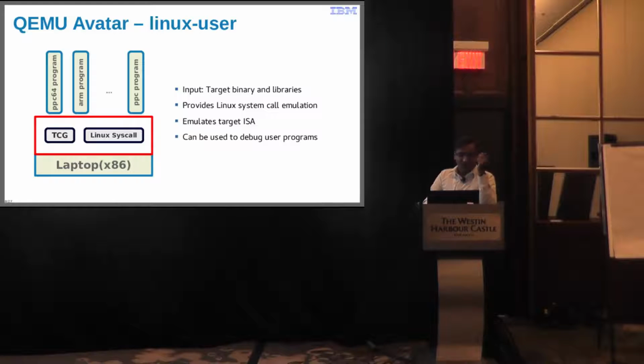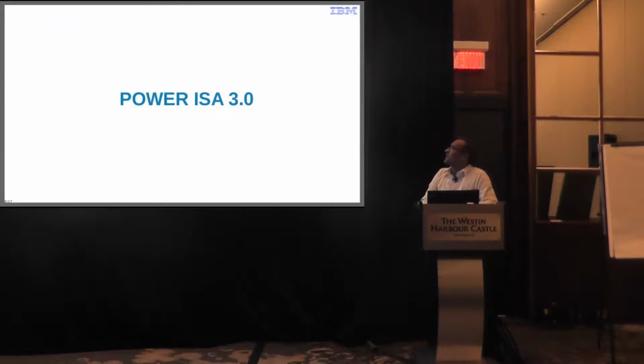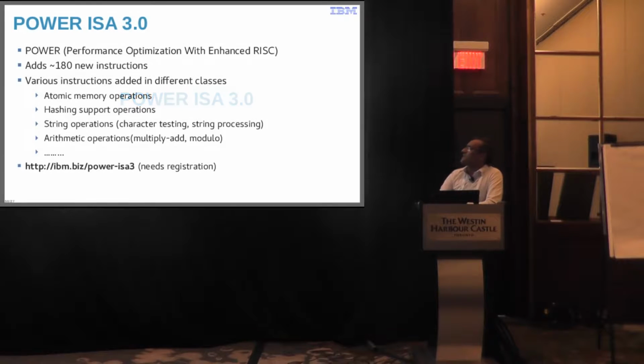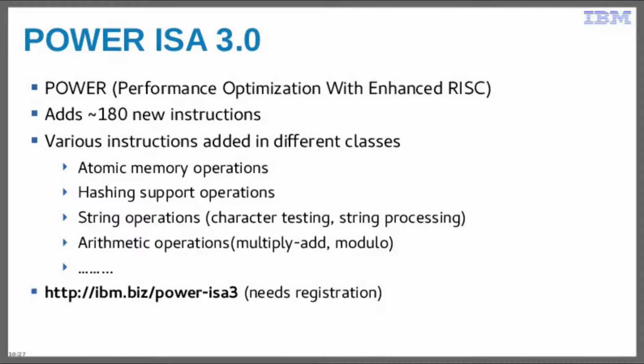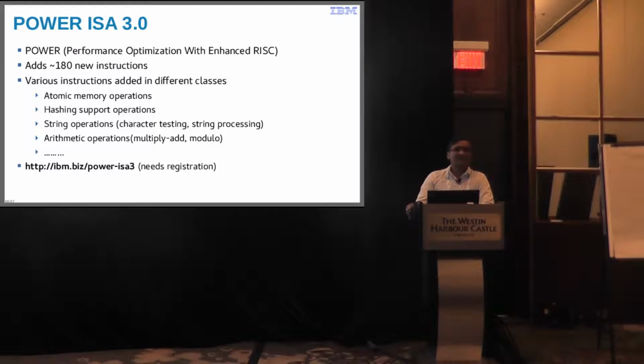With this short primer on TCG, let us start looking at what we have in Power ISA. The newer ISA comes with a lot of instructions, more than 180, and various classes of instructions are added.